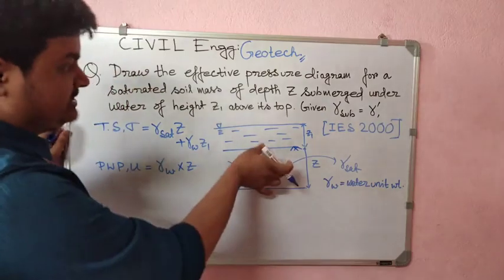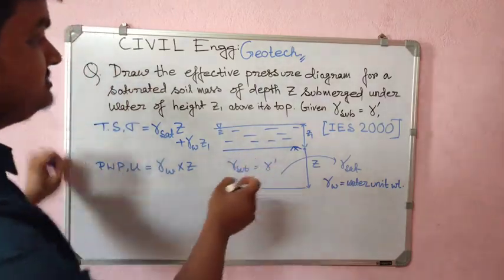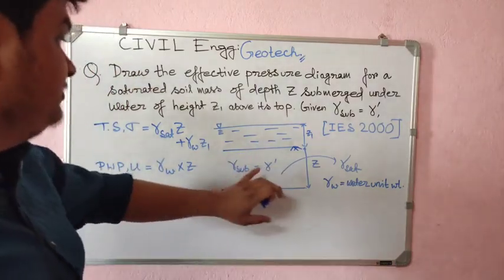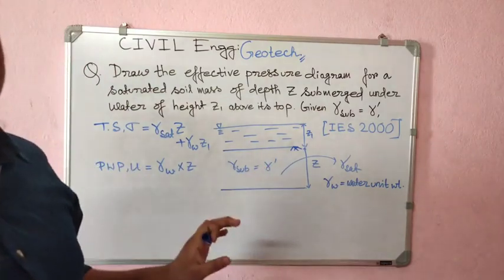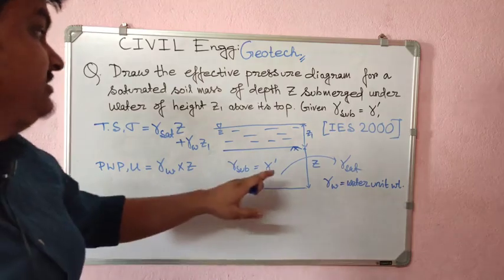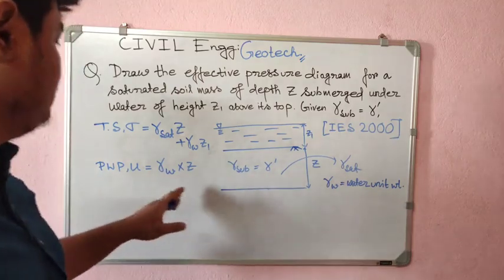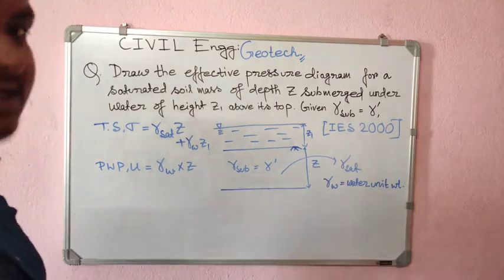This is the pore water pressure, because the pressure of water in the pores of the soil is the pore water pressure. So gamma w into z.